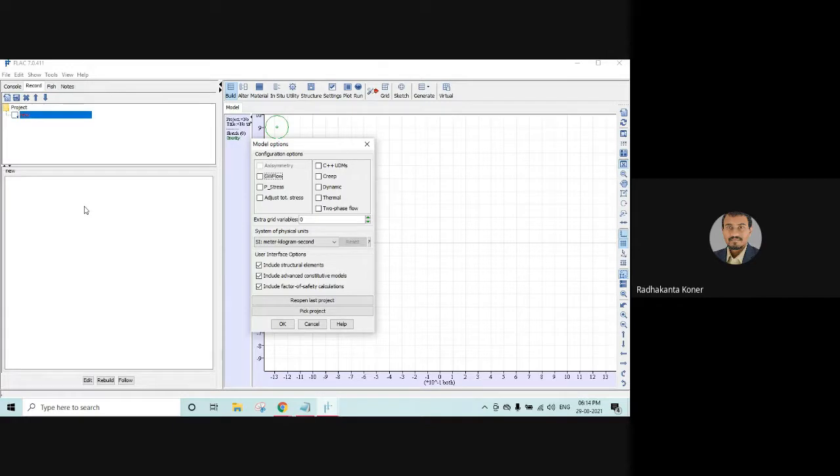Groundwater flow is a single-phase flow. Suppose we want to analyze a phreatic line in a slope, we will use that module, so we will click that. In our example today, at the end, we will show you the dynamic load and how to use it. Suppose a blast vibration or an earthquake is there, so we will click the dynamic box.